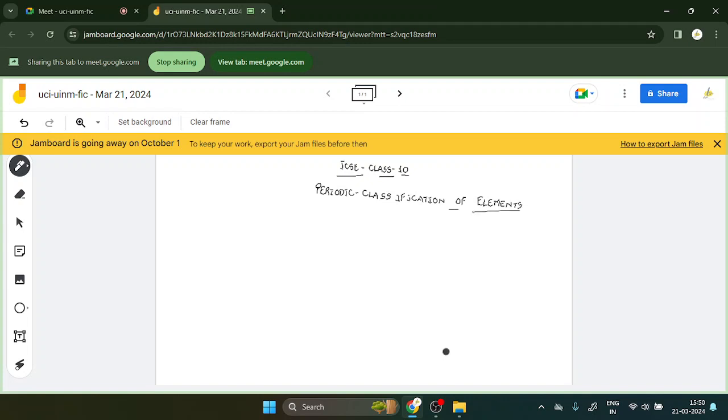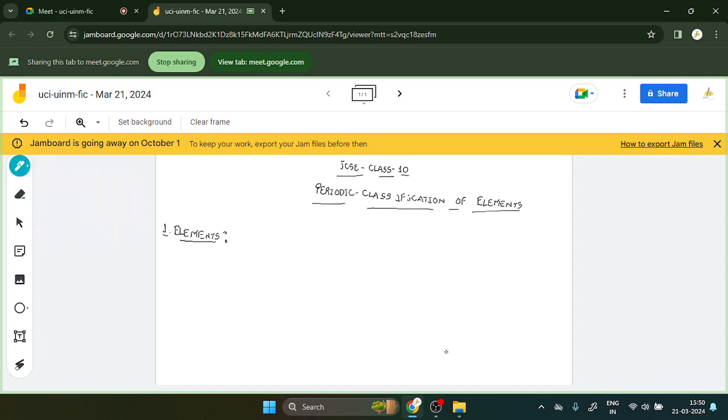Now, we know very well what periodic tables are, and in the previous class we discussed what are called elements. So what are actually elements? Kindly note down the definition, because we will be writing down the definitions as well in today's class. If someone asks you what are elements, what you have to tell them?